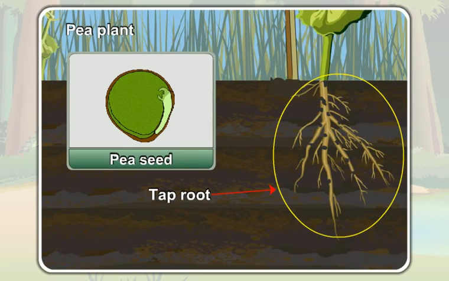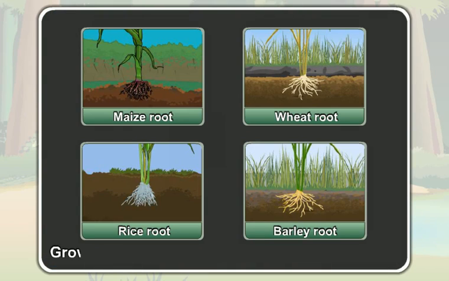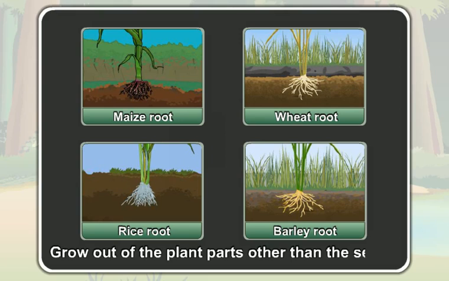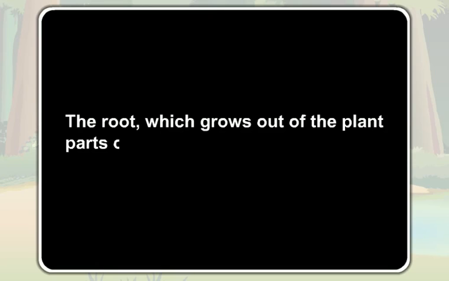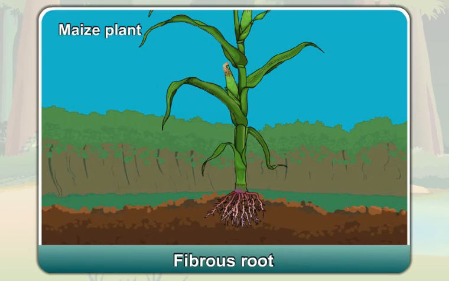But, unlike the tap root, the fibrous root grows out of the plant parts other than the seed. The root which grows out of the plant parts other than the seeds is called the adventitious root. So, the fibrous root is also known as adventitious root.